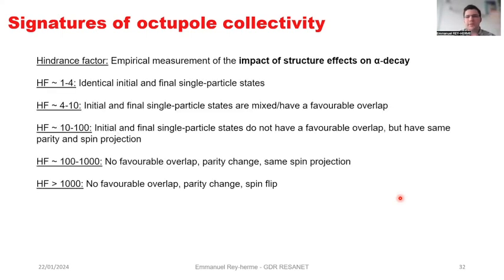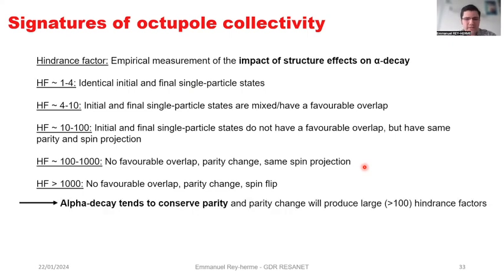And if there is a very low hindrance factor, this means typically between 1 and 4, it means that the initial and final single particle states in the alpha decay are identical or almost identical. And as the hindrance factor increases, it means that the initial and final states wave function are more and more different. Producing this alpha particle means changing a lot the wave function.